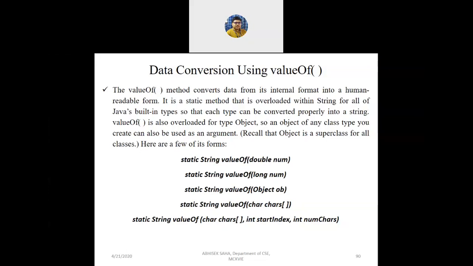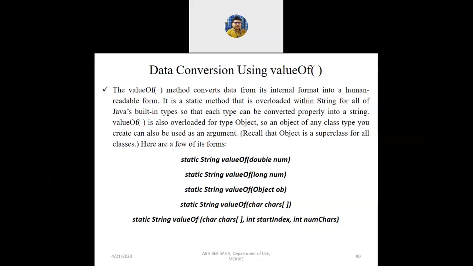Definitely, if a string is the output of this function, then it should be understandable by humans. So valueOf is a method which basically converts its internal format into human readable form. Basically it returns a string. Any type of data you may pass as a parameter, as a result you will get a string. That is the task of the valueOf method.